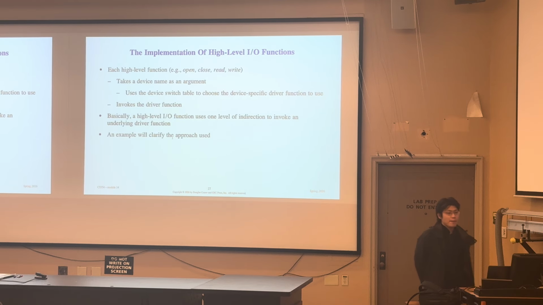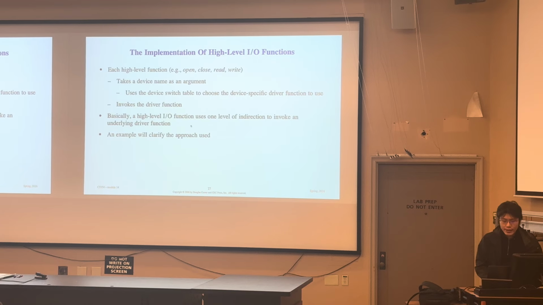And these high-level functions include open, close, read, write, getchar, putchar, and so on. It takes a device name as an argument, uses a device switch table to choose a device-specific driver function to use, and it invokes a driver function. It invokes read or write. So the high-level function uses one level of indirection to invoke an underlying driver function.